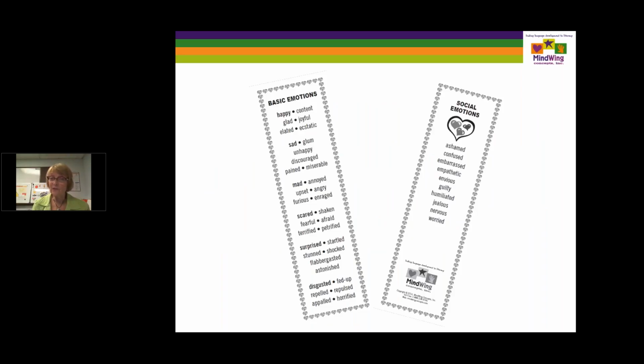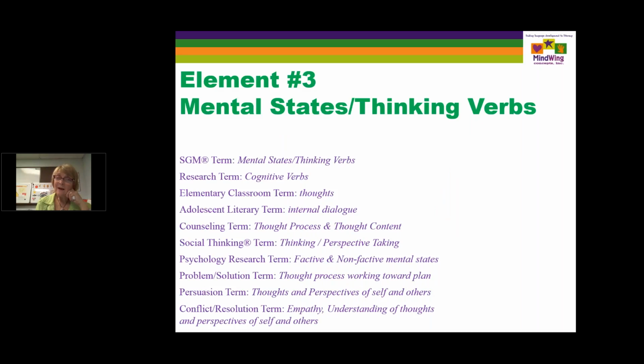This is the front and back of our new bookmark that children can use to learn synonyms for the basic emotions, and then some basic social emotions that are a combination of some of the basic emotions. Element 3 are the mental state verbs. These are the thoughts. We call them thinking verbs or thought words.